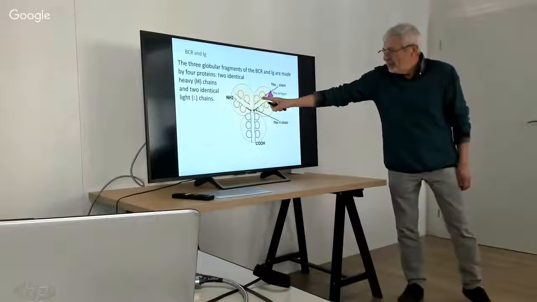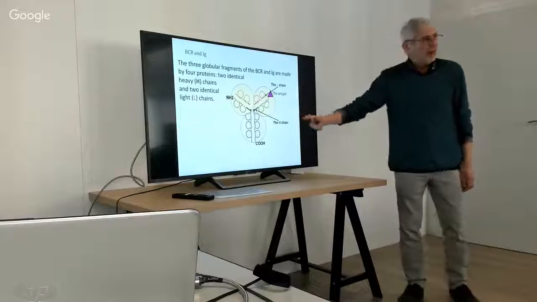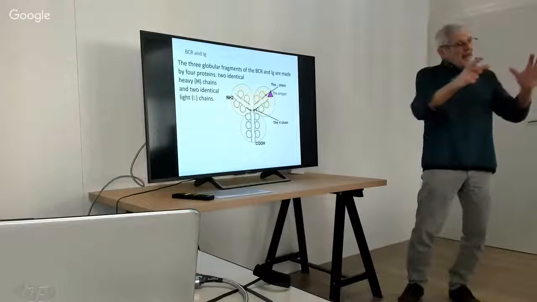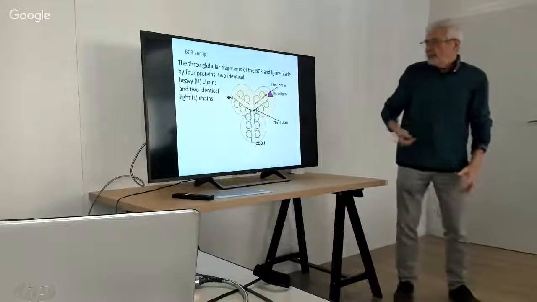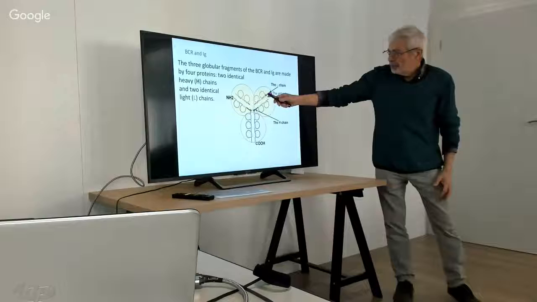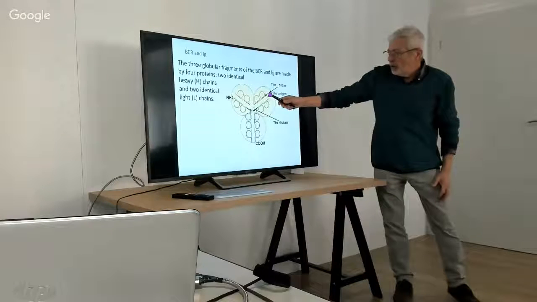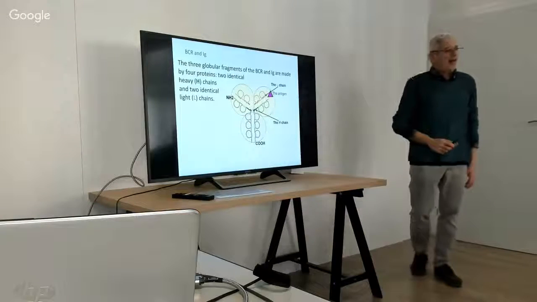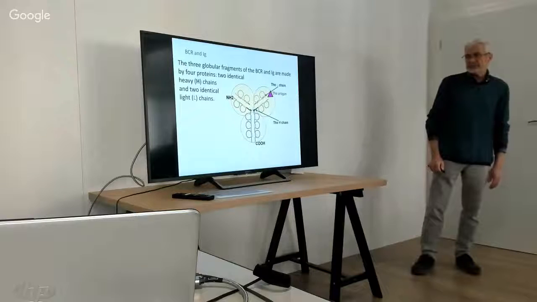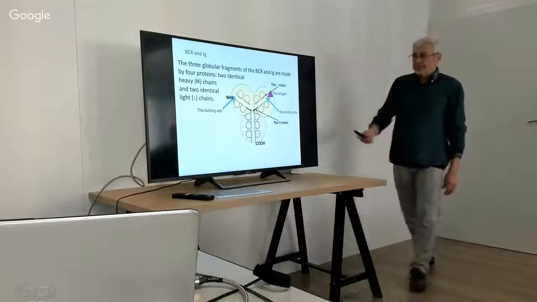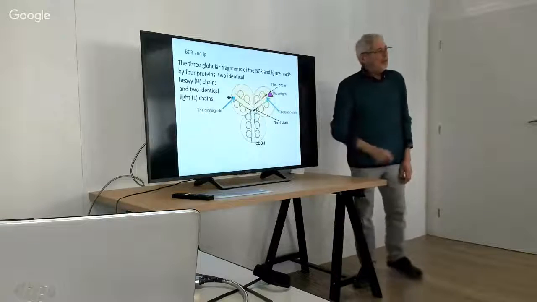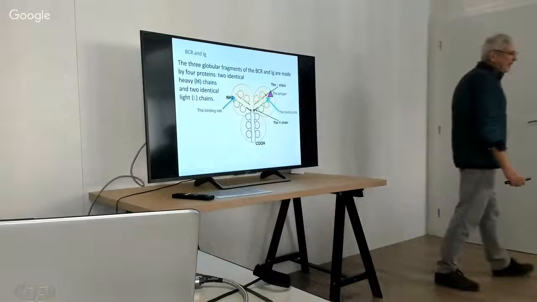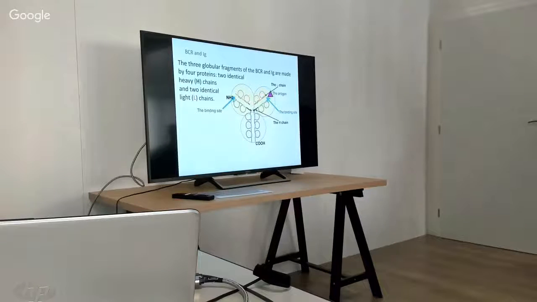The sequence of amino acids in this part, and consequently the structural formation of this part, is the binding site where the antigen may interact. This region is the region which interacts with the antigen, the binding site of the immunoglobulin.